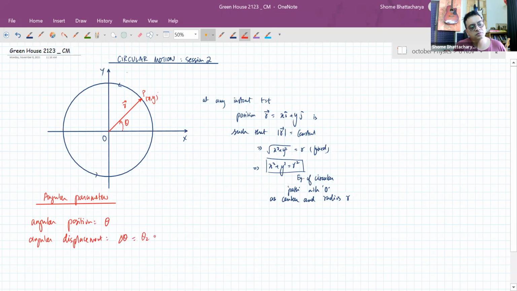Then we have angular velocity, which we denote with the symbol omega, which is the instantaneous rate of change of angular position with respect to time. And we have angular acceleration.